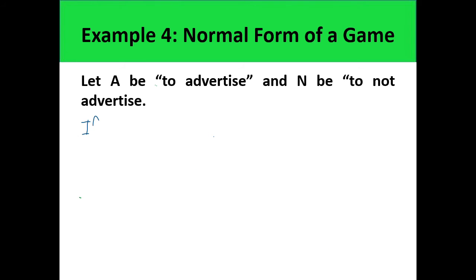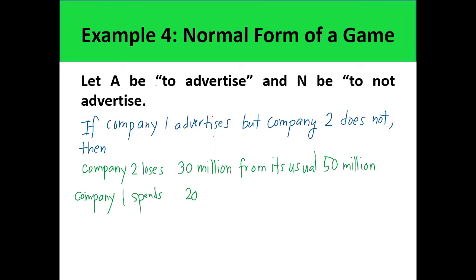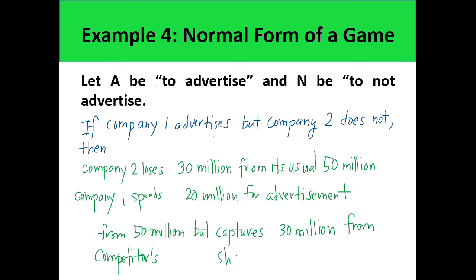Next, if company 1 advertises but company 2 does not, then company 2 will lose 30 million from the usual 50 million, while company 1 spends 20 million for advertisement and captures 30 million from the competitor's share. So company 2 loses 30 million from the usual 50 million, which means company 2 will only get 20 million.